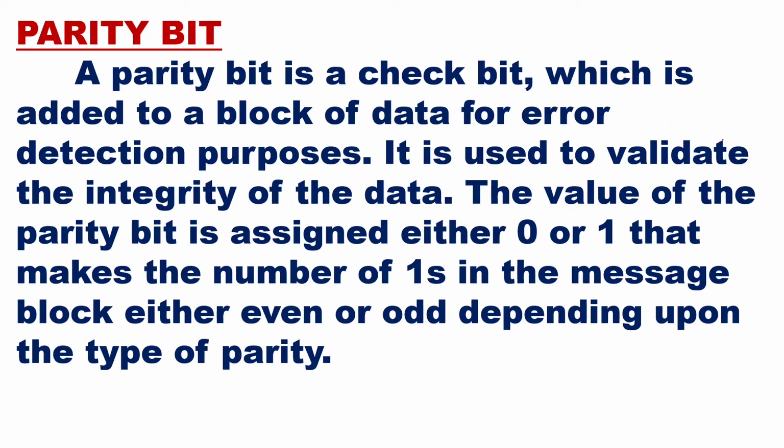Whatever data code word you have, whether a 4-bit, 8-bit, or 16-bit code word, in that complete code word, if the total number of ones is even, you take it as even parity. If the total number of ones is odd, you take it as odd parity. That was again the definition of a parity bit.